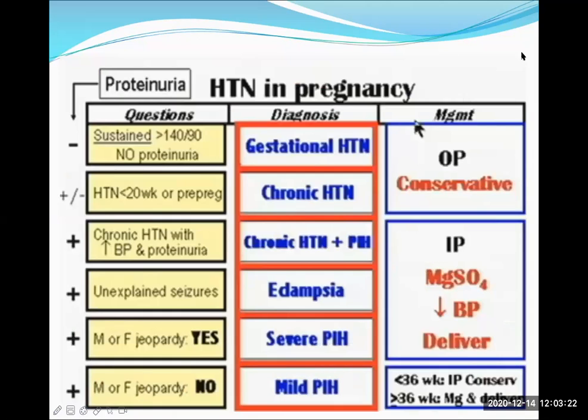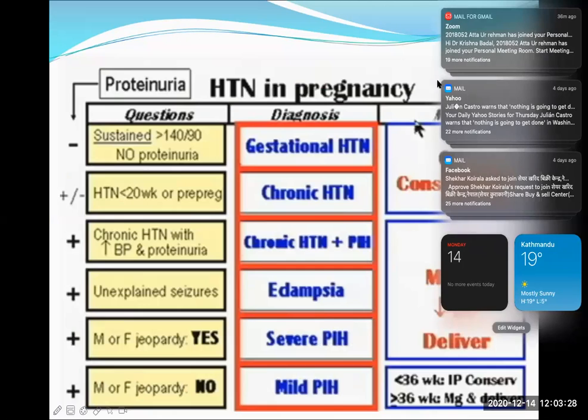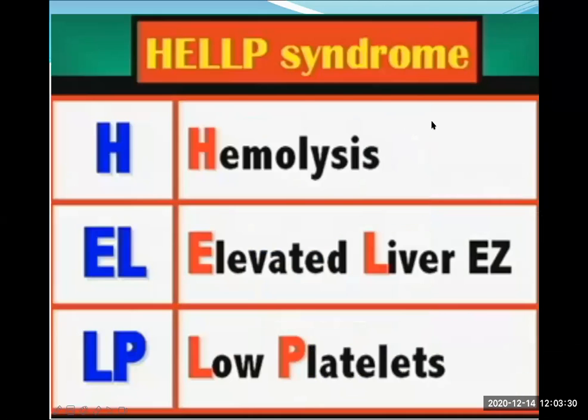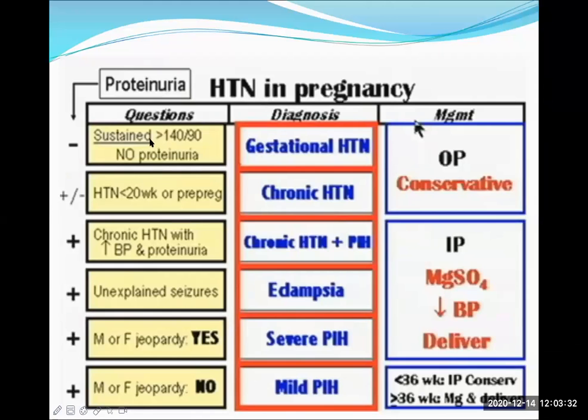Now, look at this slide. This is again a type of revision for you, and this is what we call an algorithm. See this? A sustained increase in blood pressure more than 140 over 90 without proteinuria is called gestational hypertension. This is what we talked about.